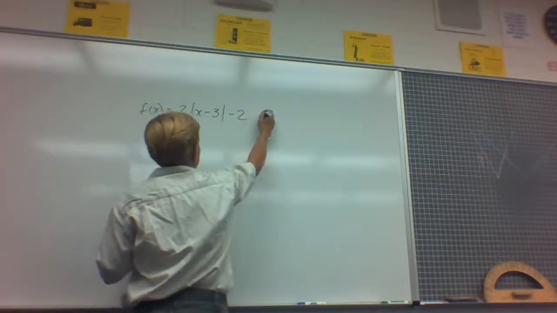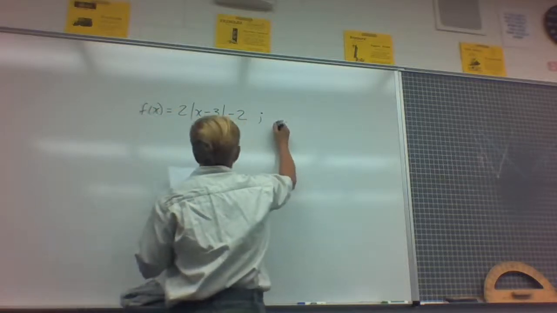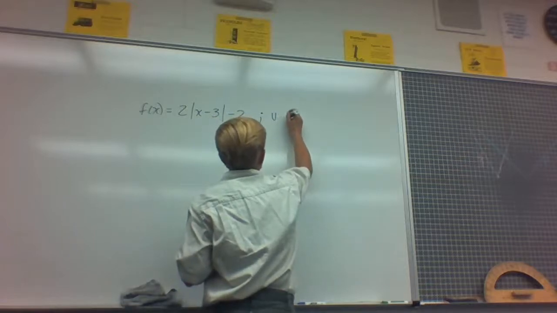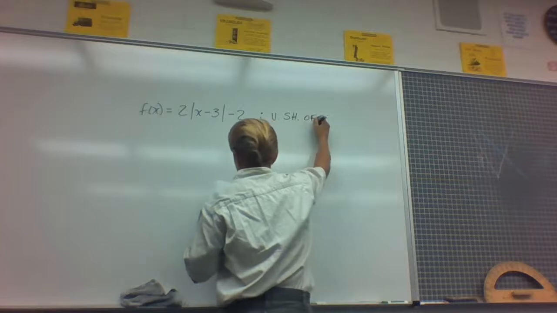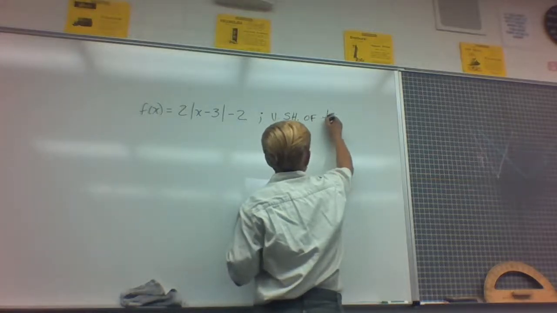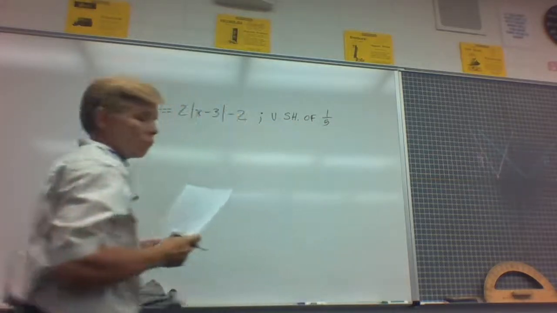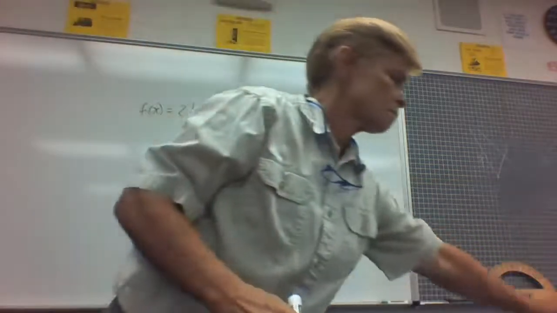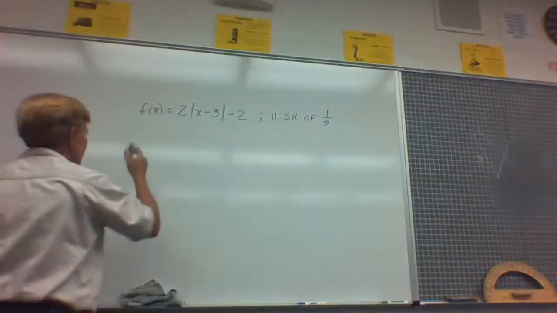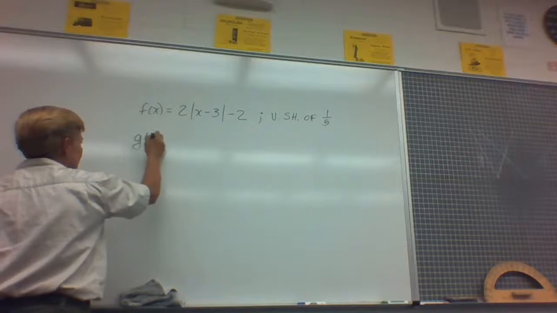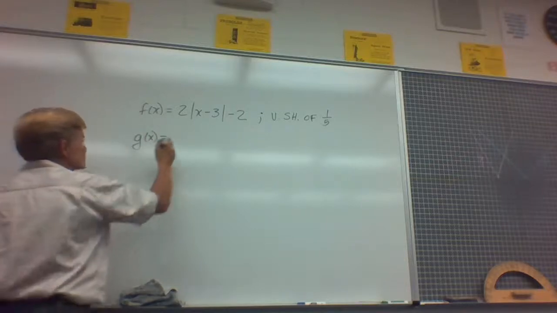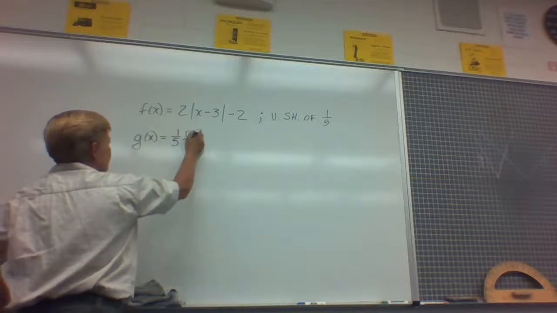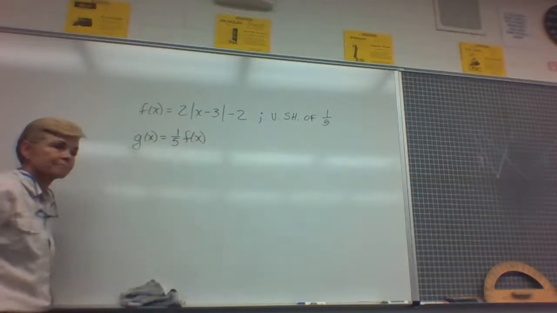And we want to do a shrink of 1/5. What's the intermediate G applied to F in general? 1/5 times F. Just like that, right?